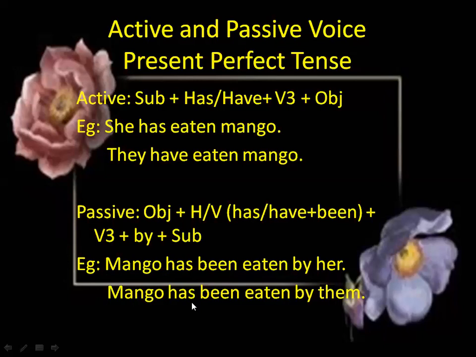Singular के साथ we always use has, not plural. Don't see active has and have over here कि active में helping verb जो have था it will be placed over here blindly. No, you have to use has and have over here according to this object. If the object is singular you have to use has, if the object is plural you have to use have. So it will be converted into has. Mango has been eaten by them.